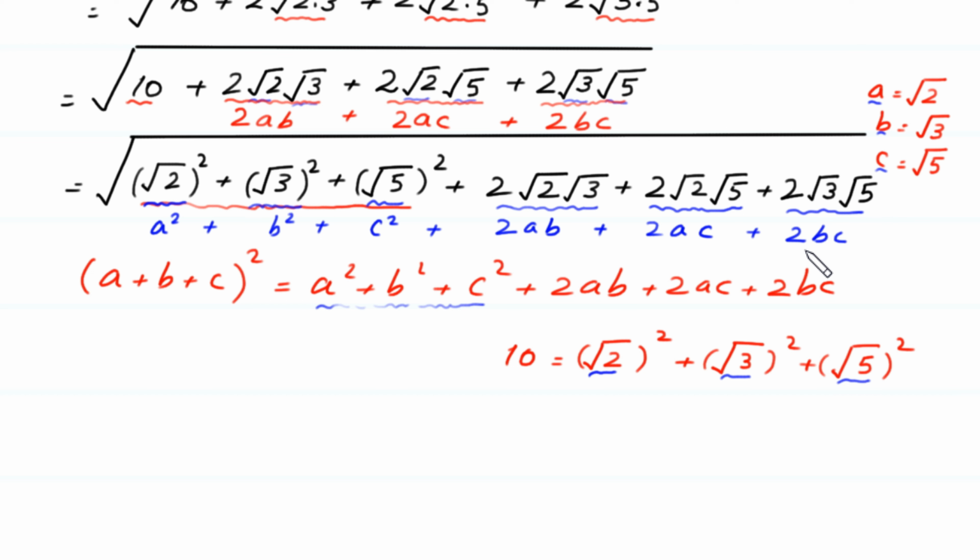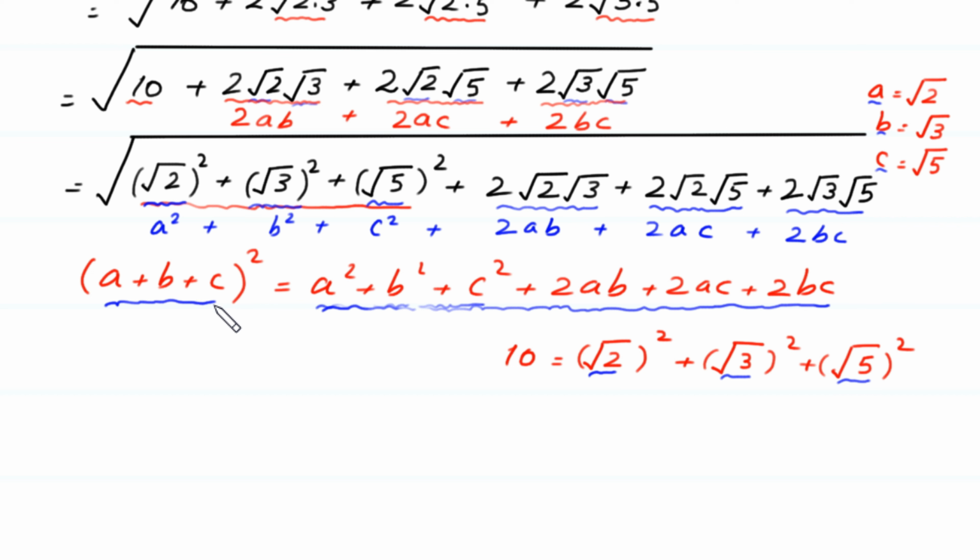It means we have a perfect square in this form: a squared plus b squared plus c squared plus 2ab plus 2ac plus 2bc.